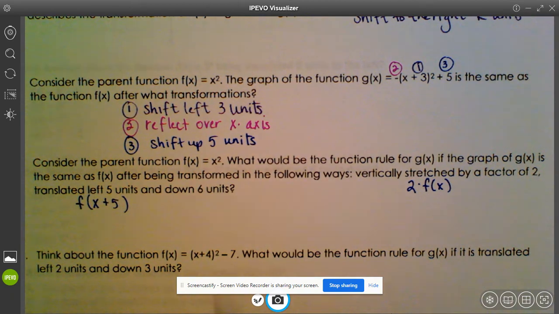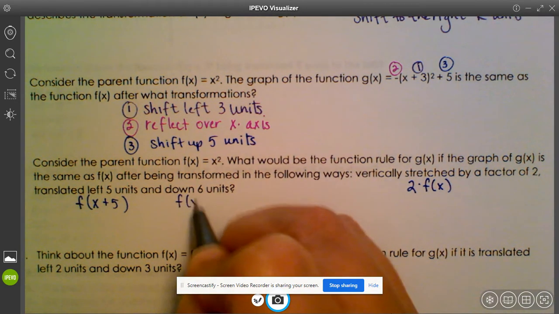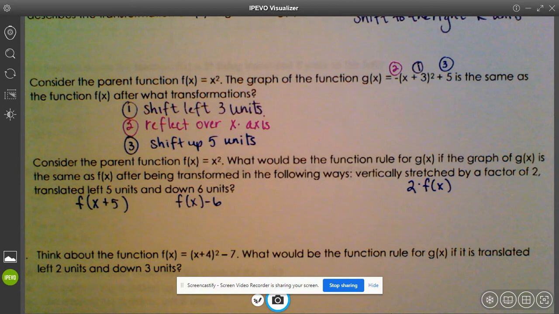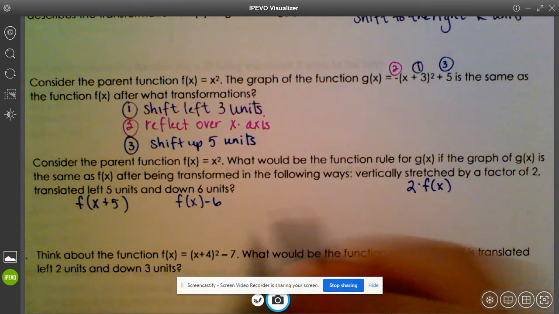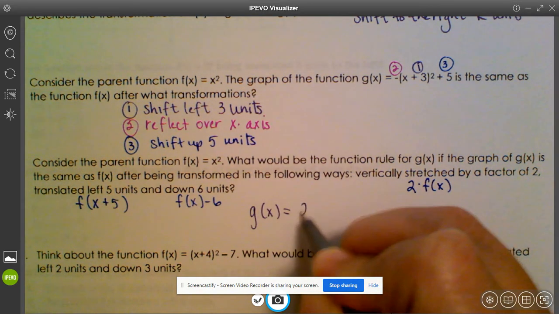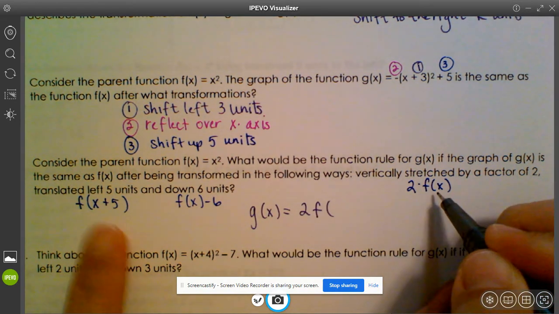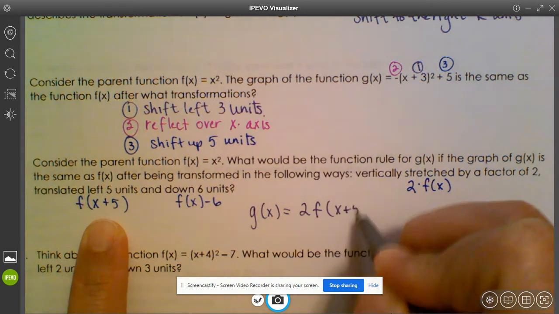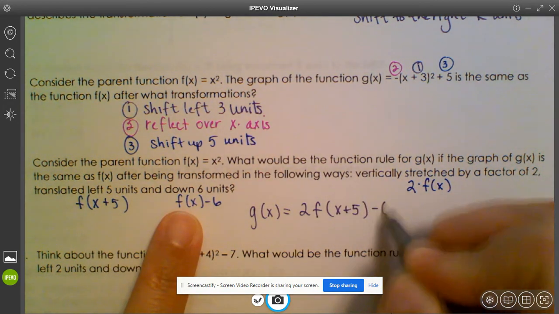And then we translate down 6 units. Okay, so now we need to put all of that together. And when we do, we find that g of x equals 2 times f of x plus 5, minus 6.